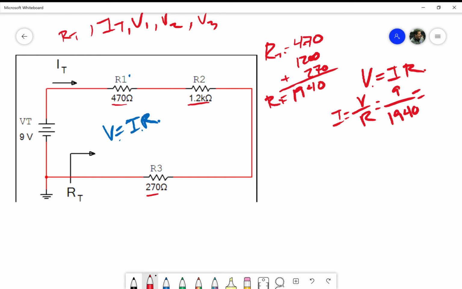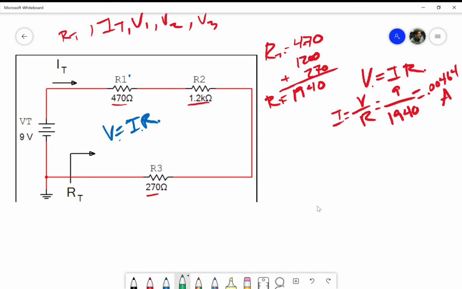So I have 9 divided by 1940, and I get 0.00464, basically 464 amps as a current.